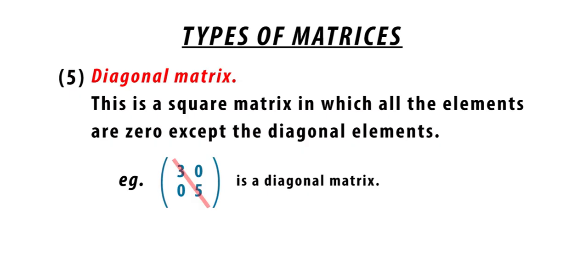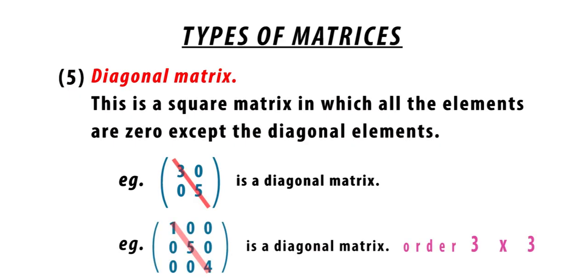I want you to note that the diagonal in a matrix always runs from the upper left to the lower right. Let's take another example of a diagonal matrix. The matrix 1, 0, 0, 0, 5, 0, 0, 0, 4 is a diagonal matrix. It has the order 3 by 3. Good.